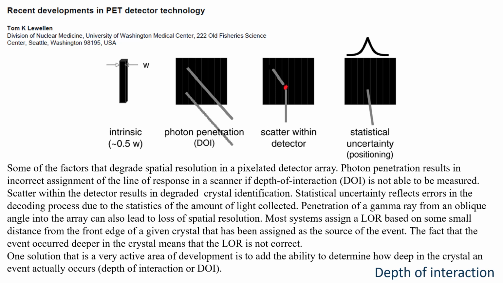The photon penetration can cause an incorrect assignment of the line of response if the depth of interaction is not considered. Also, the scatter within the detector results in degraded crystal identification, while statistical uncertainty reflects errors in the decoding process due to the statistics of the amount of light collected.